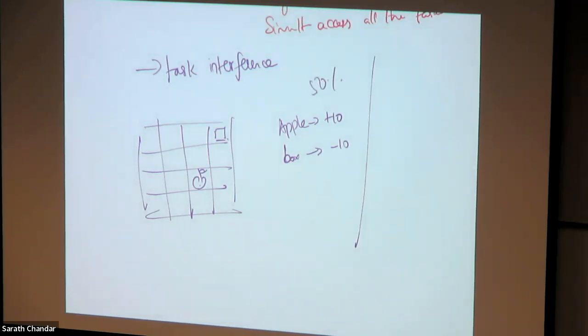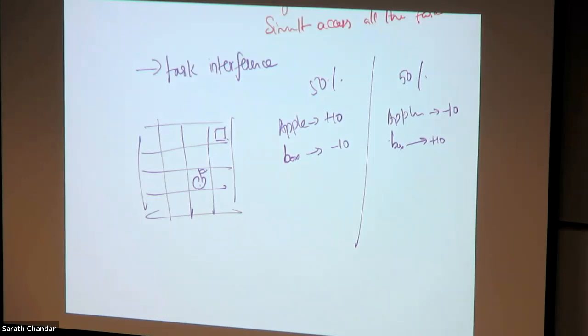Now for another 50%, apple is going to give me -10 and box is going to give me +10. Now if you use the naive multitask learning strategy here, I'm not going to learn anything. So this is the averaging issue, right?